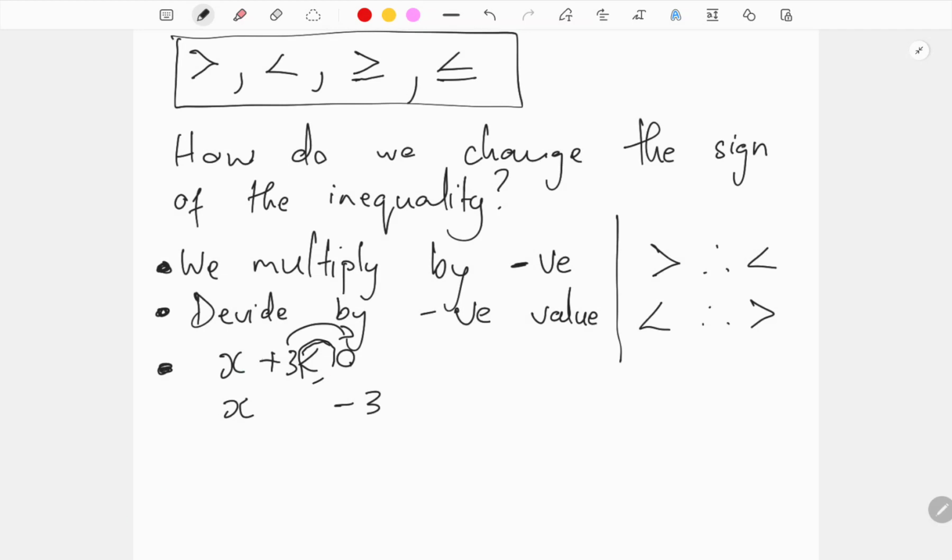Remember, I said when you transpose a number and it becomes a negative, then the inequality sign changes. It's no longer going to be less than, but it's going to be greater than. But let's say it was x minus 3 less than 0. Then you transpose this 3, it's going to be x less than 3. You don't have to change the inequality sign.